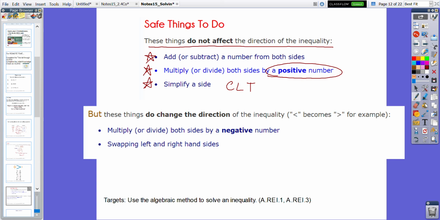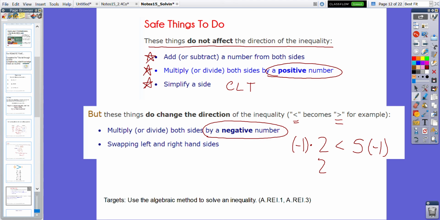The things that will change the direction of the inequality, so our less than becomes greater than, would be when we multiply or divide both sides by a negative number. Here's a good example. Let's say we have 2 less than 5, okay? If for some reason we need to change the signs in here, we multiply both sides by -1. So if I do that, times -1 times -1, then we get -2 is less than -5.